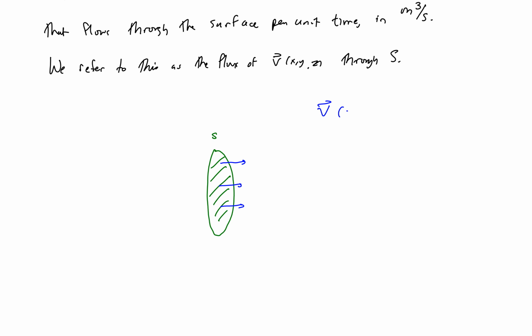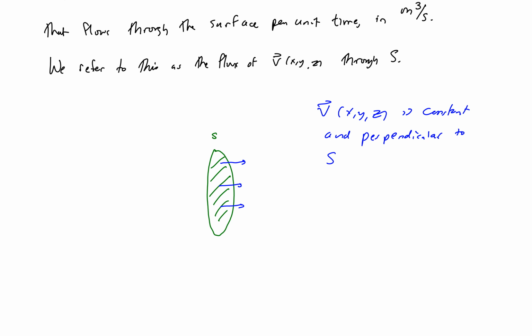So V of x, y, z is constant and perpendicular to S. And notice I'm taking S here to just be a flat surface that we can find the area of, say. So simplest possible situation we can have. So let's ask what is the flux of this through here?